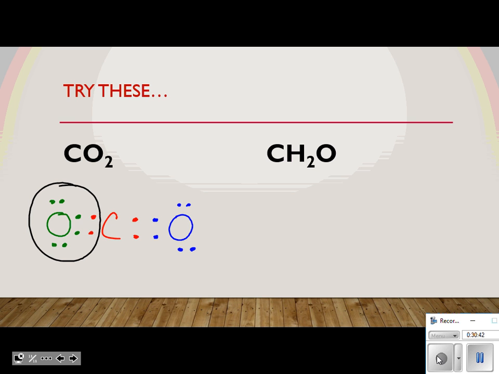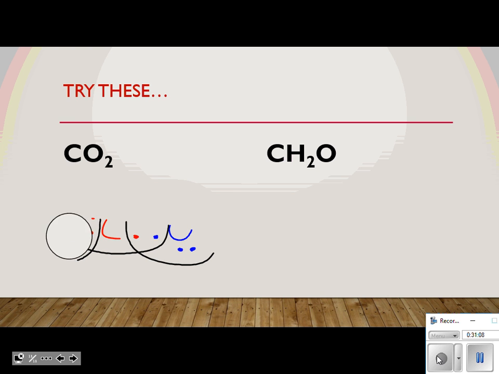I look at the carbon, 2 double bonds, 8 total, right? Is that carbon okay with the octet rule? Then I look at the blue oxygen. Is the blue oxygen okay with the octet rule? Yes. Now, what would happen, I'm just going to show you, because oxygen can only bond one other way, single bonds or double bonds.